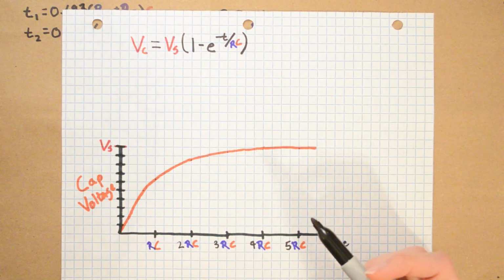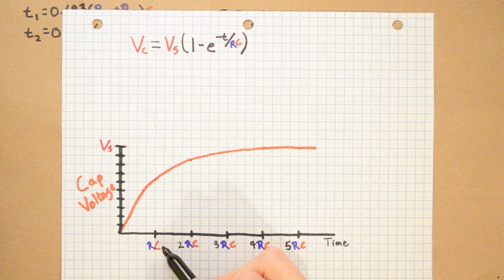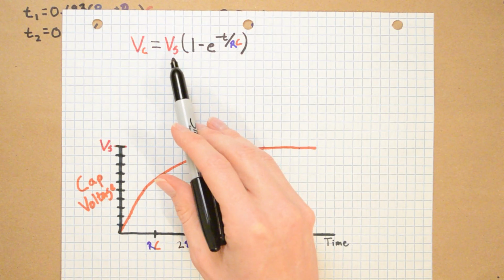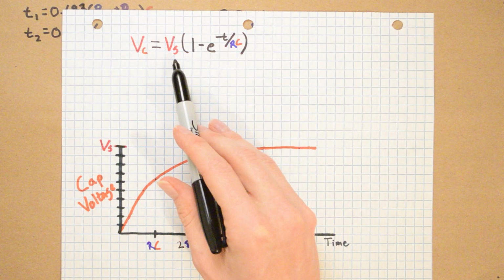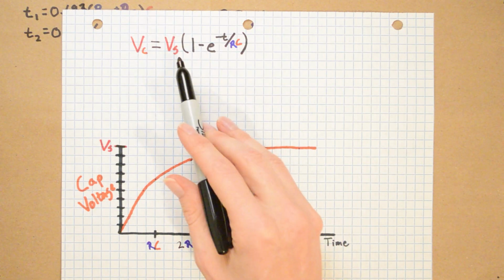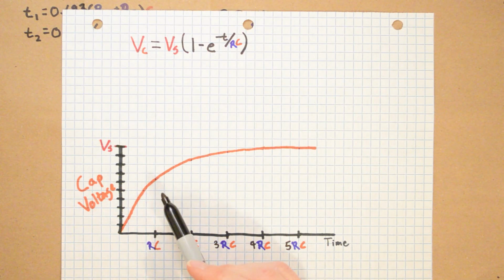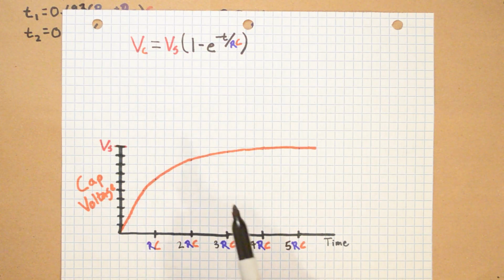So at time RC, the capacitor voltage is some fraction of the voltage source, and we know exactly how much that is. In this case, let's say the source is 9 volts. We go 9 volts times 0.632, and we find that at RC the voltage across the capacitor is around 5.69 volts.